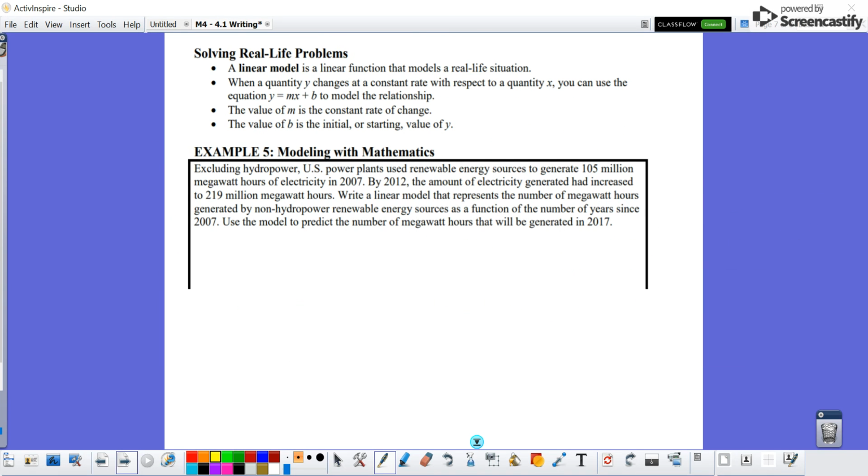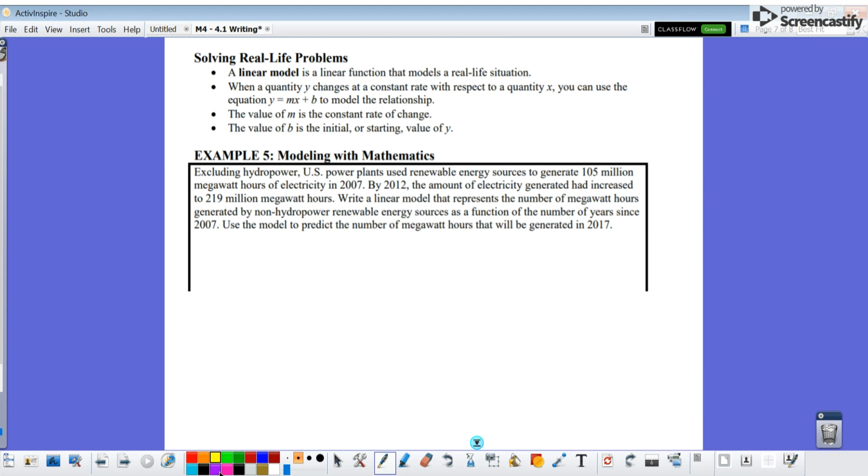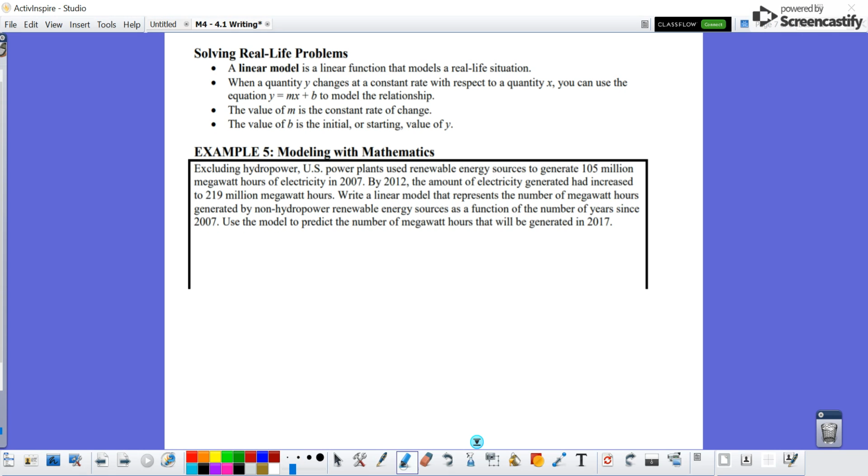Next thing I need to make sure that you're comfortable with is a story problem such as this. It's a little bit more detailed, so here goes. After reading this, you'll see that the renewable energy sources in 2007 yielded 105 million megawatt hours of electricity used.